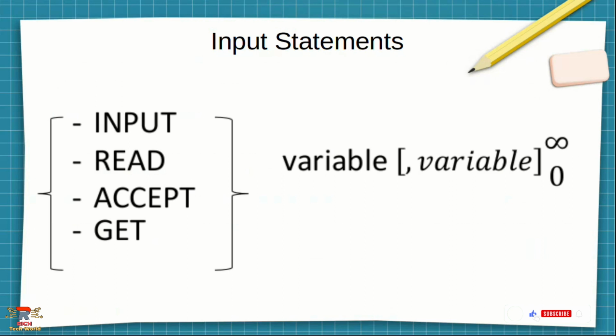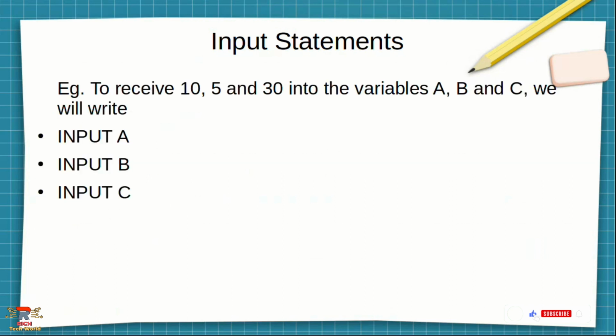There is an example down here saying that to receive 10, 5, and 30 into the variables a, b, and c, we will write input a, input b, input c. The input a is going to allow the user to input the first data, or enable the compiler to receive the first data.